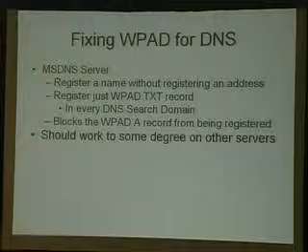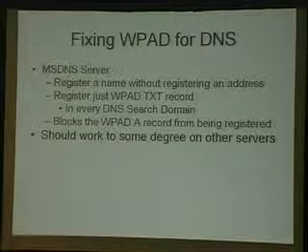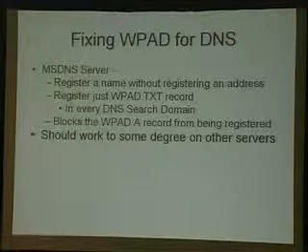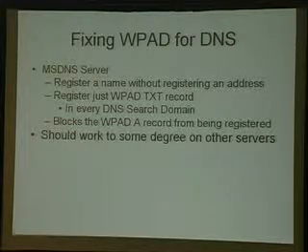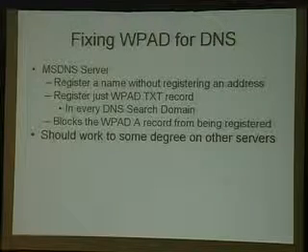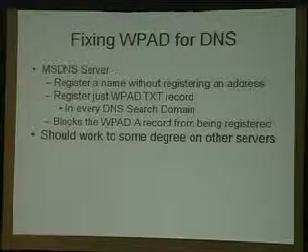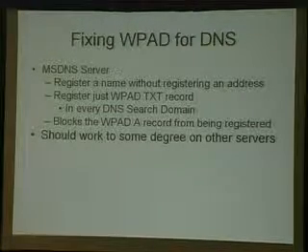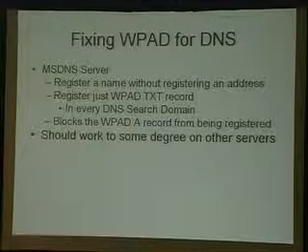You just register the existence of a WPAD text record, obviously in every DNS search domain. It blocks the A record from being created, and the clients just won't understand. It's a text record that is meaningless. So in this case, you're deliberately forcing WPAD to fail. If you're using something other than MSDNS, if you're using bind or something else, chances are a similar fix can be deployed.